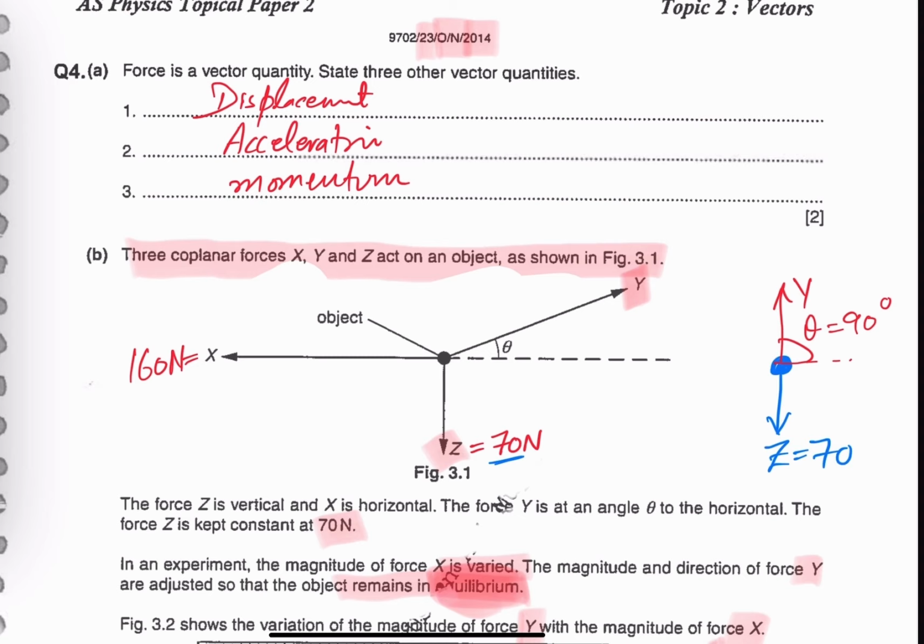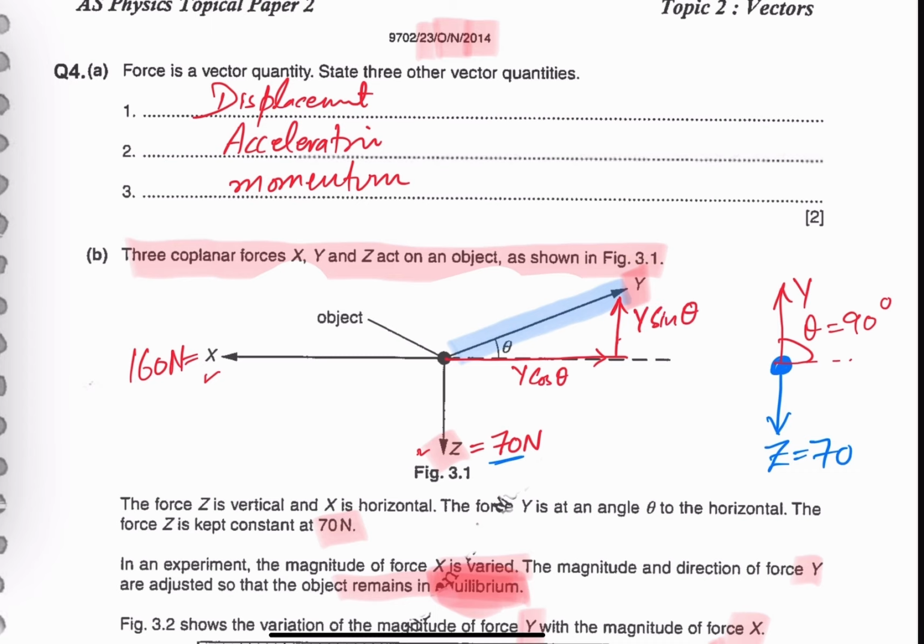So for 160, this force is totally in the x-axis. This is totally in the y-axis. It's in the equilibrium condition. So first we have to find out the components of this force. The x component of this force will be y cos theta, and the y component will be y sine theta.